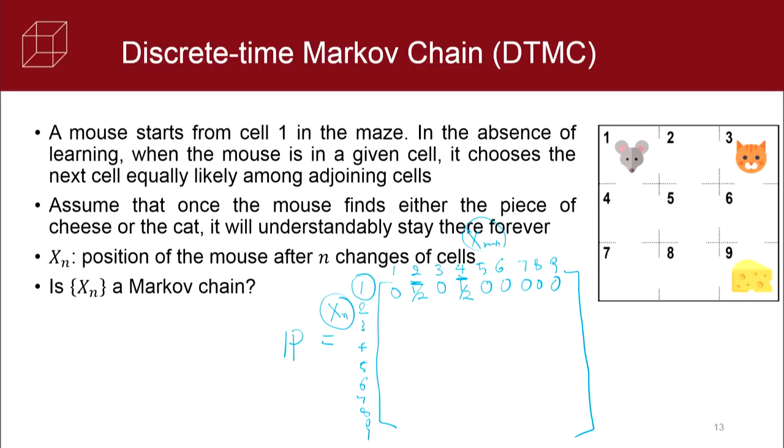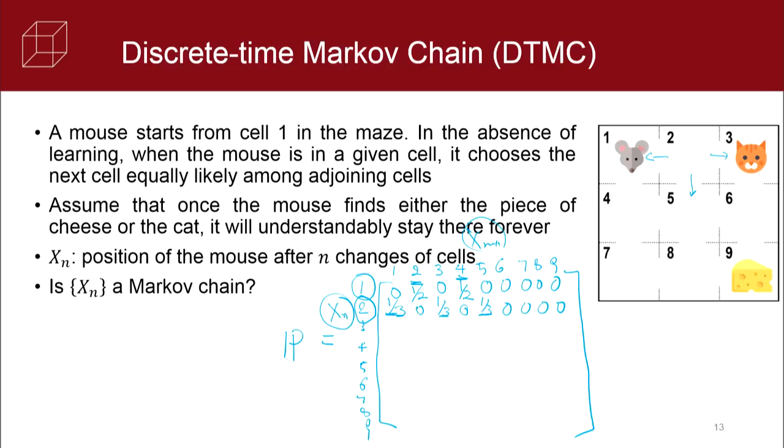If you think about cell 2, suppose that the mouse is in cell 2 and he can choose either this way or this way. So the next cell to visit could be cell 1, cell 5 and cell 3, and the mouse chooses equally likely. So the probability to choose cell 1 is 1/3, 0, 1/3, 0, 1/3, 0, 0, 0, 0.